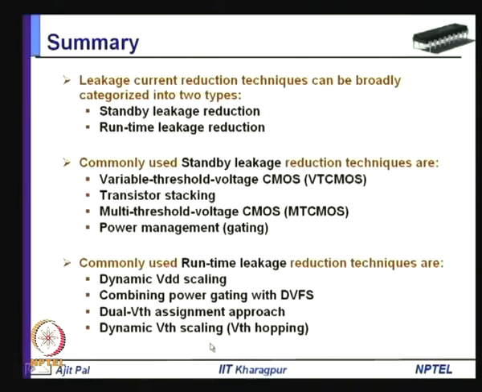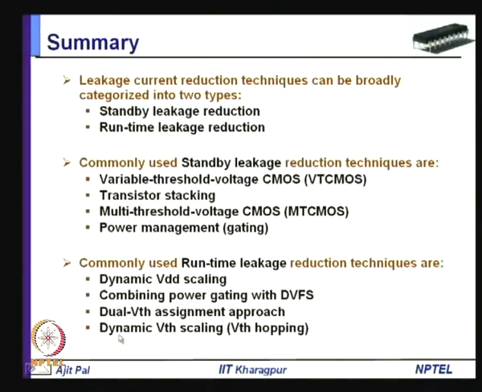Then today we have discussed several runtime leakage power reduction techniques like dynamic VDD scaling. We have seen how you can achieve leakage power reduction by using dynamic VDD scaling, and also by combining power gating with dynamic voltage and frequency scaling. We have also discussed the dual VT assignment approach, which reduces runtime leakage power significantly.